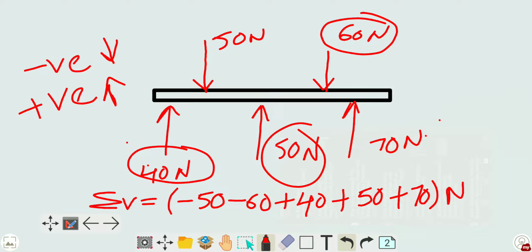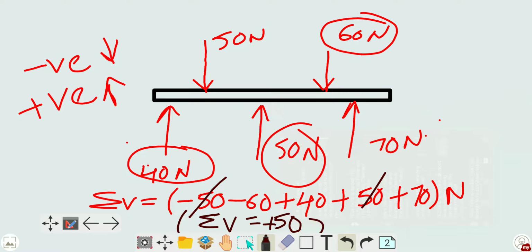The final unit is newtons. Here we can clearly see plus 50 minus 50 cancel, minus 60 plus 40 gives minus 20, and minus 20 plus 70 is plus 50.